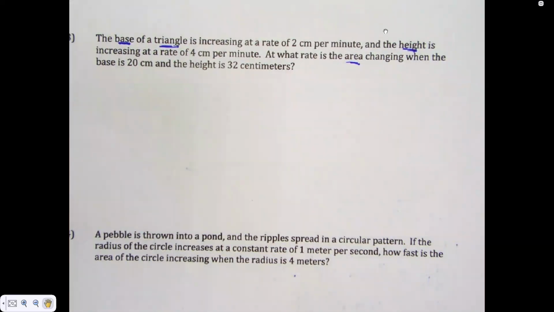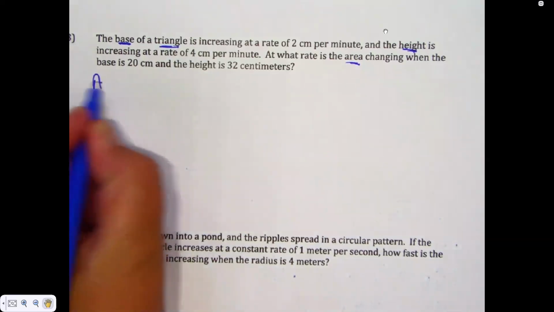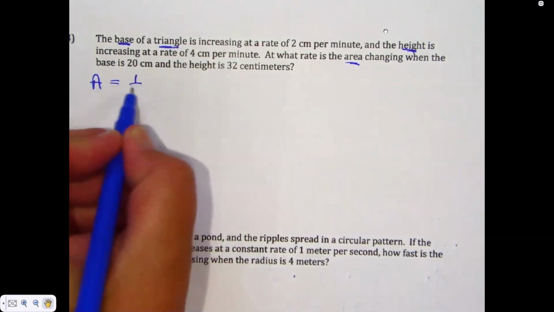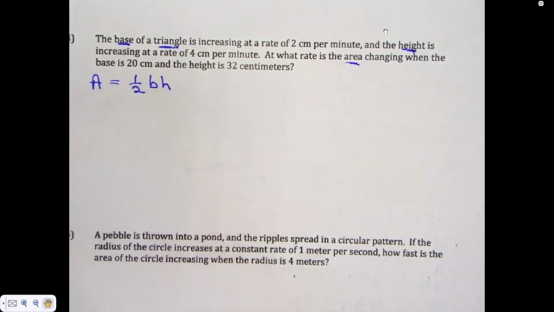What relates all that together? Yeah, area of a triangle, right? You could do base times height divided by 2, or you could do 1/2 base times height. Okay, see how we got the base in there, we got the height in there, we got the area in. Some equation that relates the two.